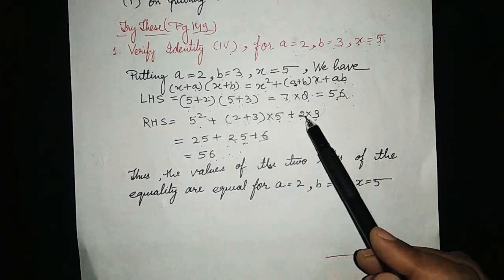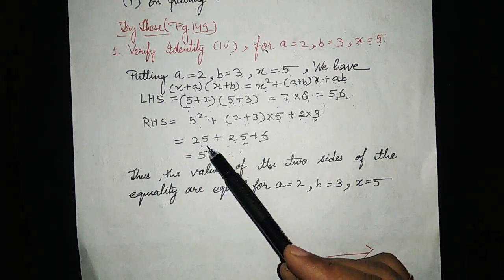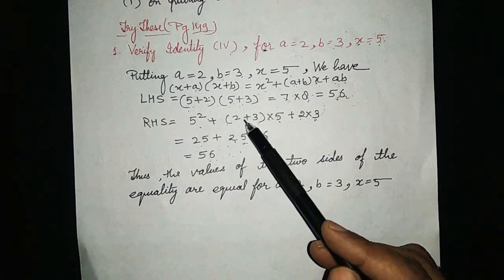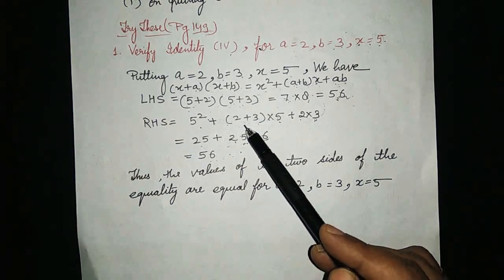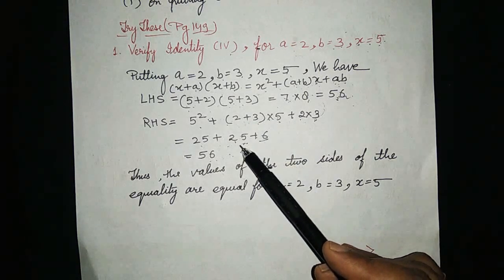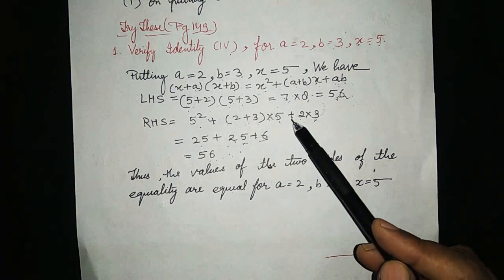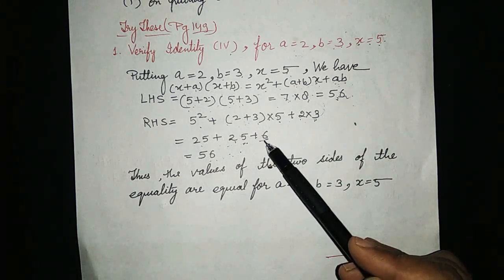Now we simplify this thing. So for 5 square we write 25, and for this 2 plus 3 we will write 5, and this 5 we multiply by this 5 we get 25, and then this plus sign, and here 2 3s are 6 will come.